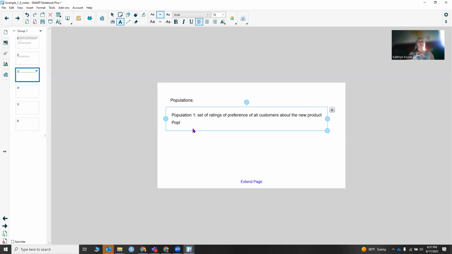And population 2 is a set of ratings of preference of all customers about the old product. And again, our populations are telling our readers and ourselves what we measured, what variable we're interested in, and also which product they're interested in and who we're measuring.